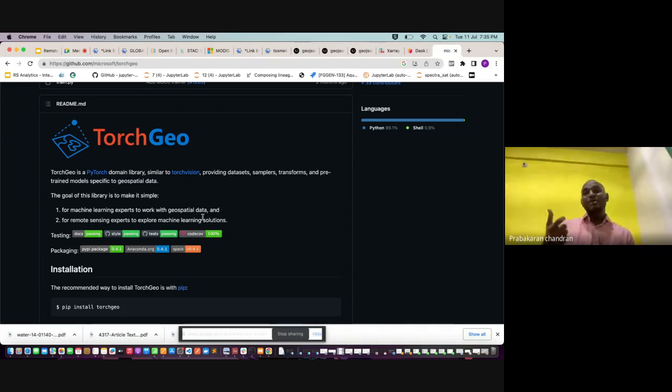Here the pre-trained models are not ImageNet pre-trained, they are pre-trained on larger remote sensing data sets, so transferability is better. Whenever you do transfer learning, in-domain fine-tuning will be much easier and more relevant compared to ImageNet, and the model will converge easily. You can read about it.